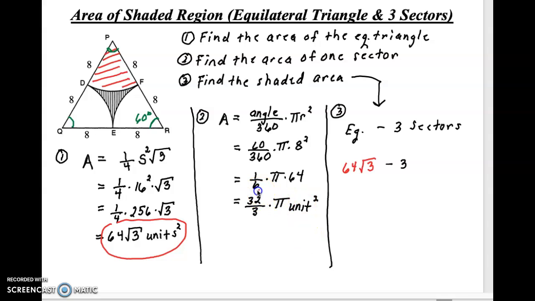Well, that was this measurement here. So 3 times 32/3 pi. Now, if we clean this up a little bit, 64 root 3 minus, doesn't the 3 over the 3 really cancel? So we're just left with 32 pi.